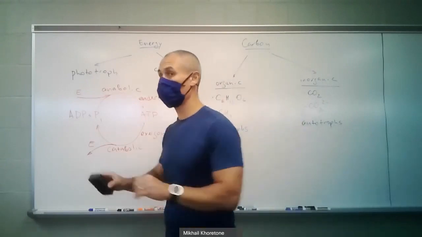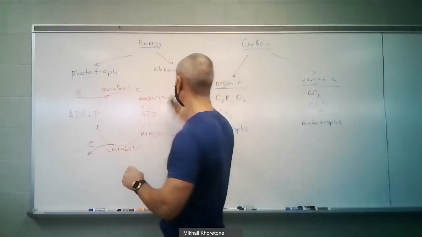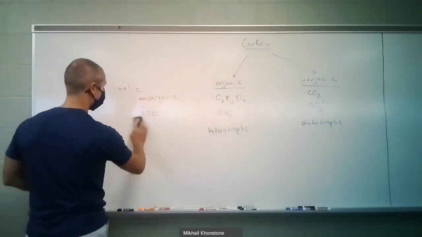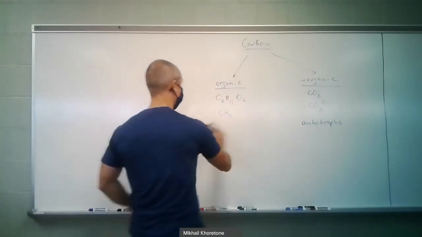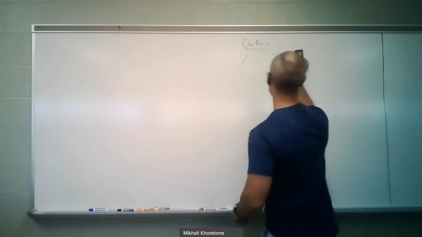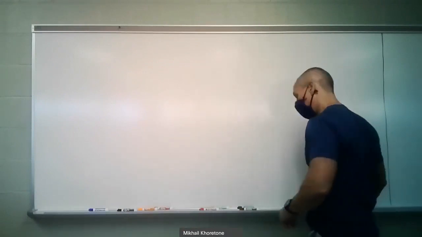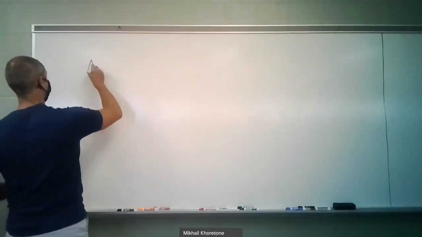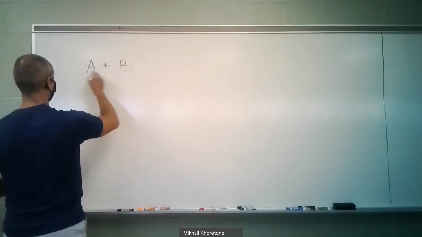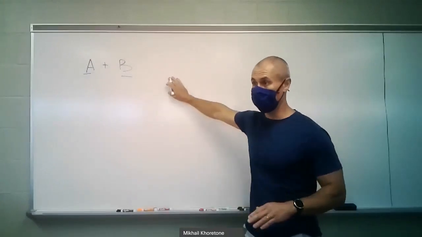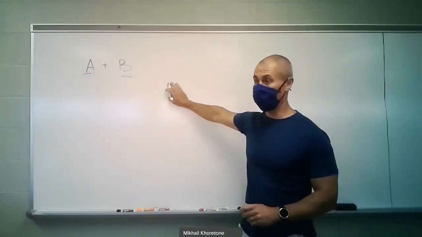Now, I want to talk about oxidation and reduction, and it's going to be more of a terminological conversation rather than a heavy chemistry conversation. So let's take a look at two reagents, A and B. I'm not very much interested in the products, but I'm interested in what's going on here.